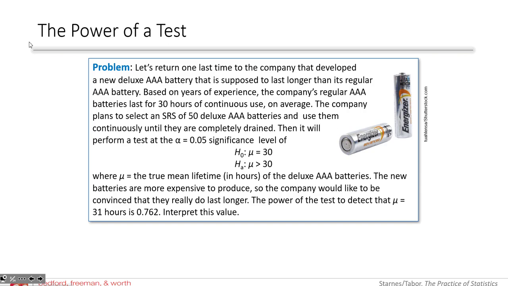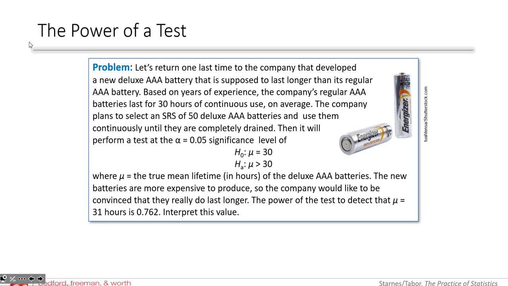Let's look at an example. Let's return to this battery example, right? So based on previous years of experience, the company's AAA batteries last for 30 hours of continuous use on average. The company is doing an SRS of 50 batteries, using them continuously till they're drained. Alpha is 0.05. Here's our H0 and our HA.